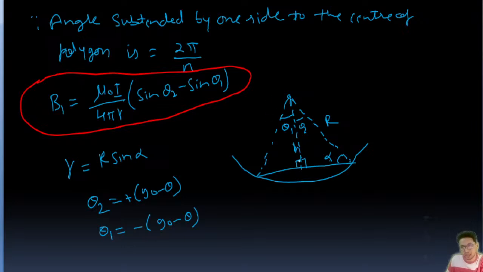So B1 is going to be mu0 I upon 4 pi r, where r is this distance from the side to the center, not from the vertex. We have already found this r, which is R sine alpha.